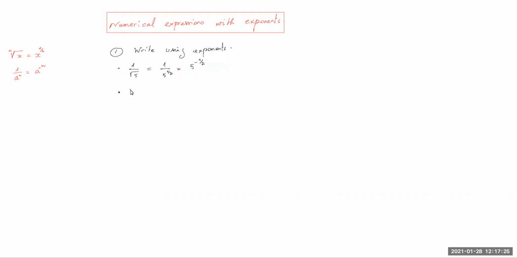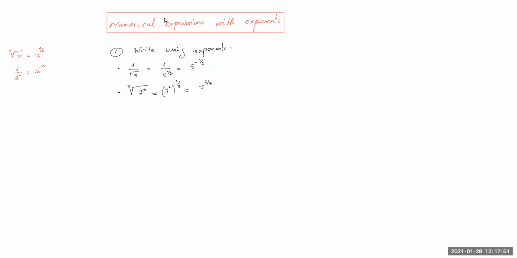What about this one? The third root of 7 squared. So here again it's 7 squared power 1/3, which we can write also as 7 power 2/3.